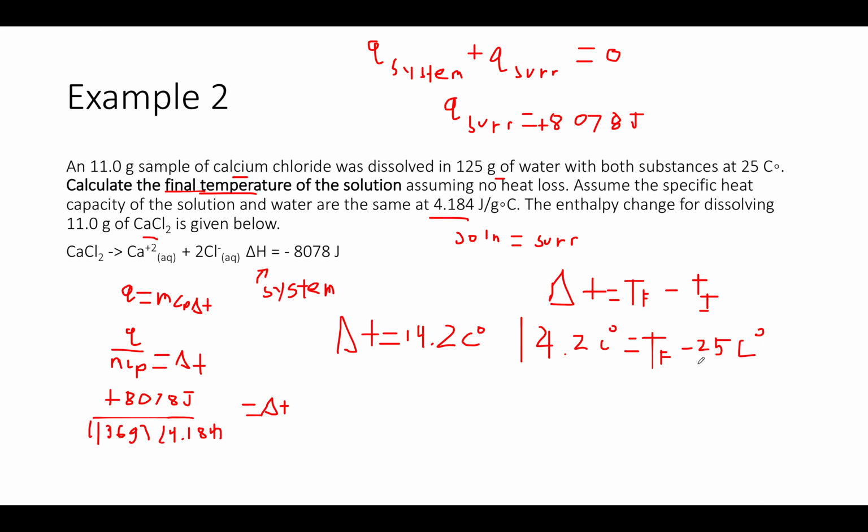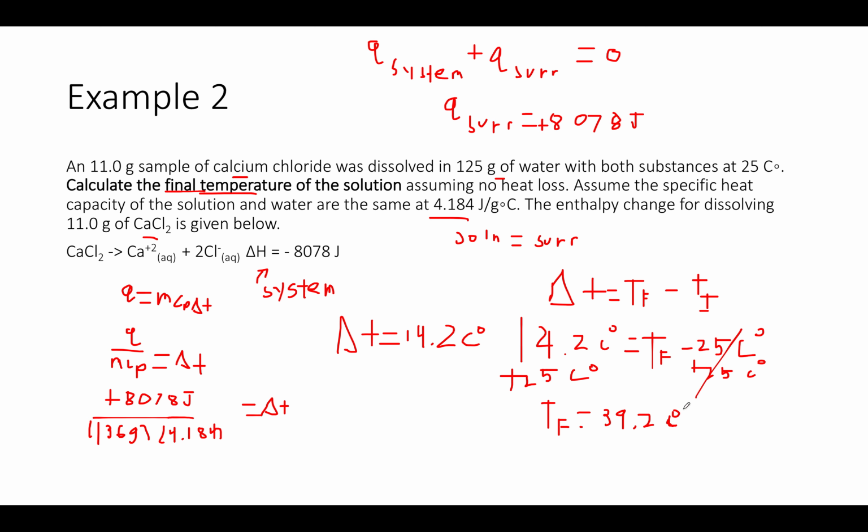Solve for final temperature, you add 25 to both sides. And you get the final temperature to be, quick math here, 39.2 degrees centigrade.